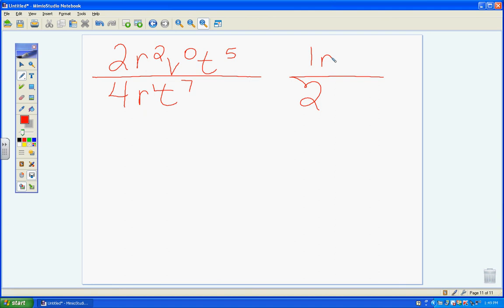Where's the bigger exponent? So that tells me t to the 2nd power needs to go on the bottom. You just have to be careful where you place everything. You don't have to put the 1 exponent. Remember, that's sort of invisible.